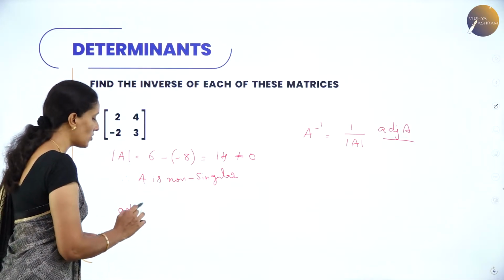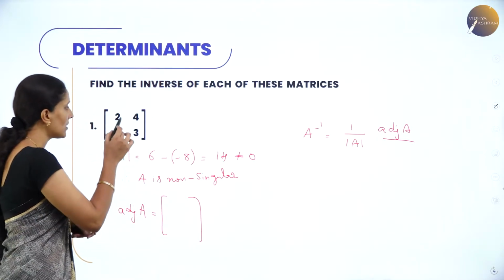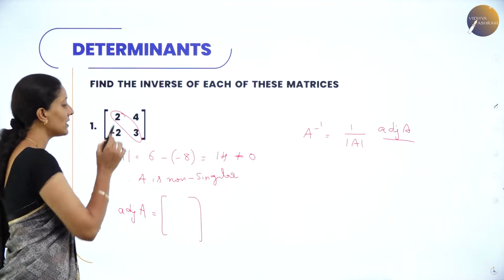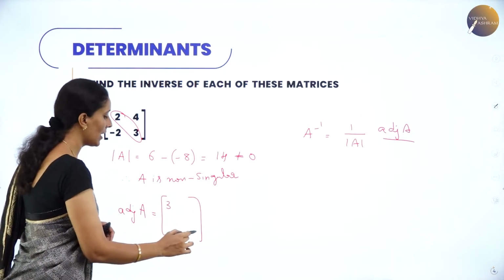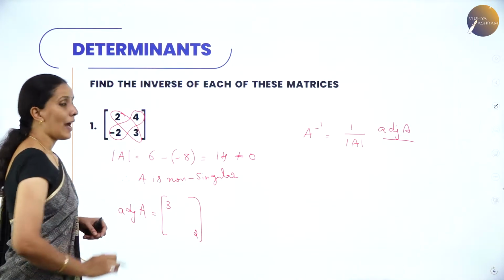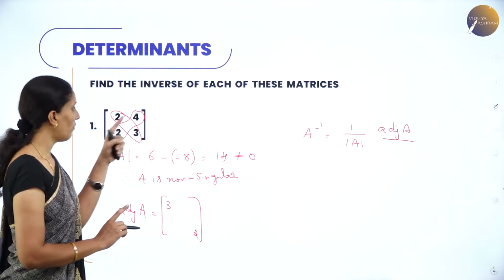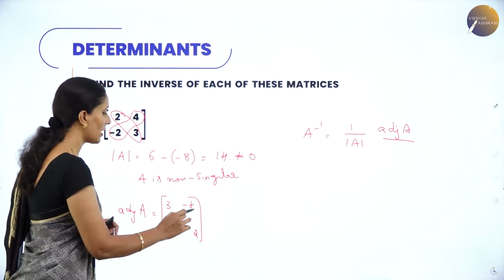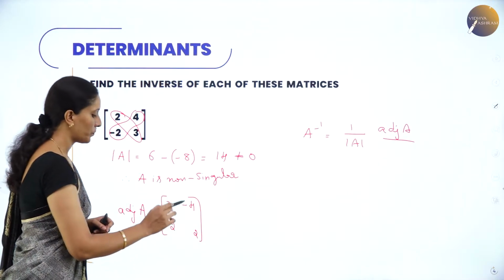That is, adjoint of matrix A is written, that is, you have to interchange the principal diagonal elements. So 2, 3 can be written as 3 and 2, and the other diagonal element has to be written in the same way, but you have to change the sign. So here 4 we have, just write it as minus 4, and here we have minus 2, just change it as 2.